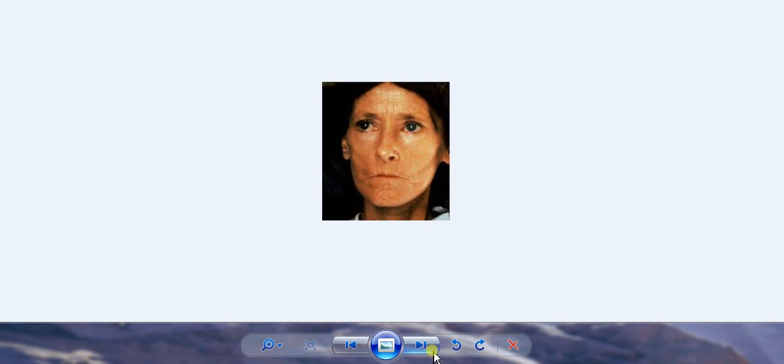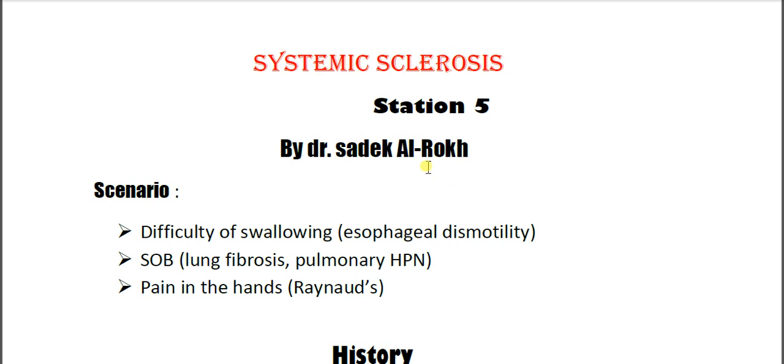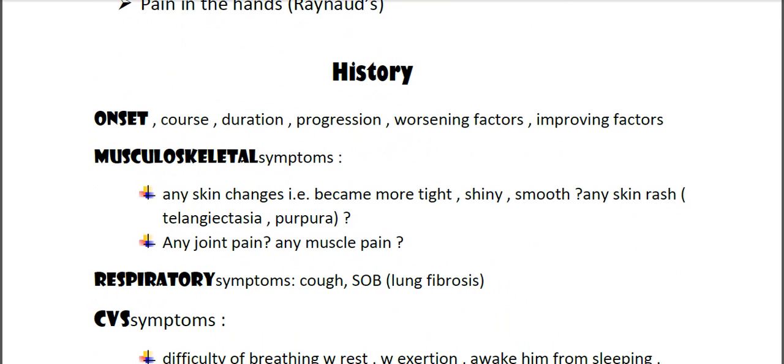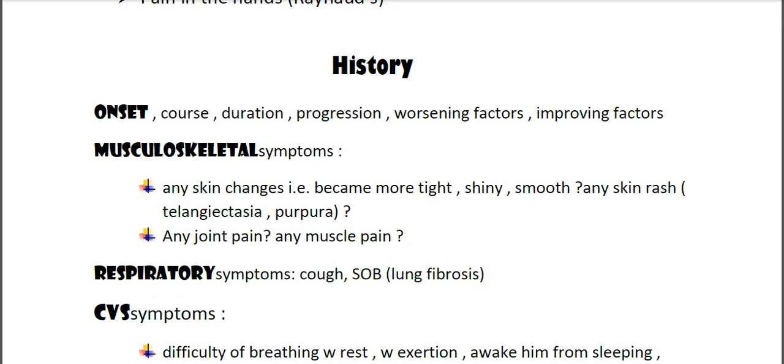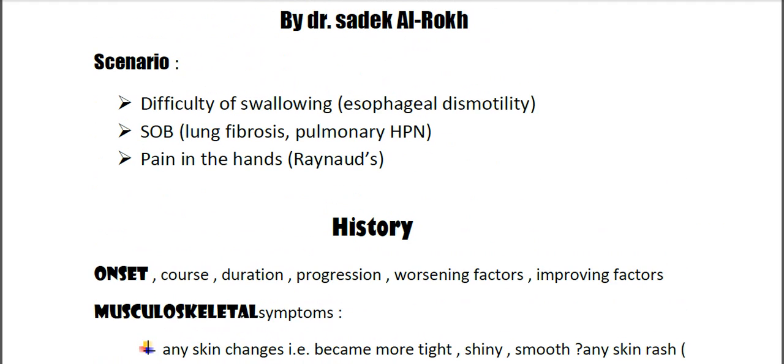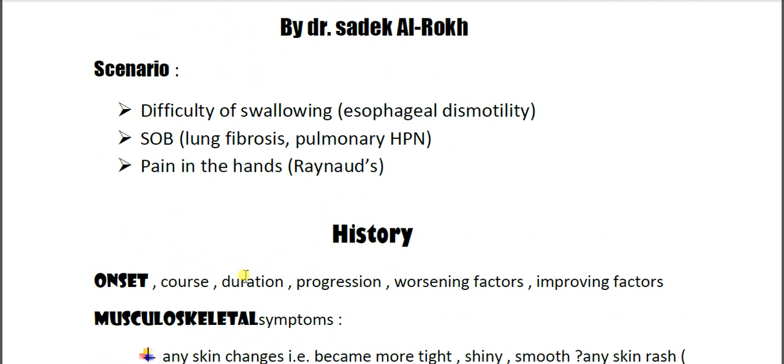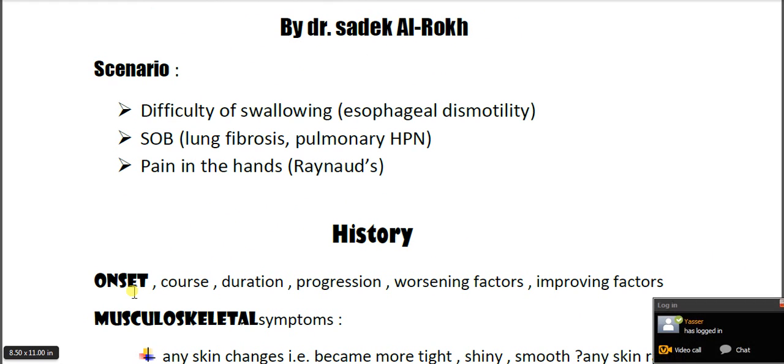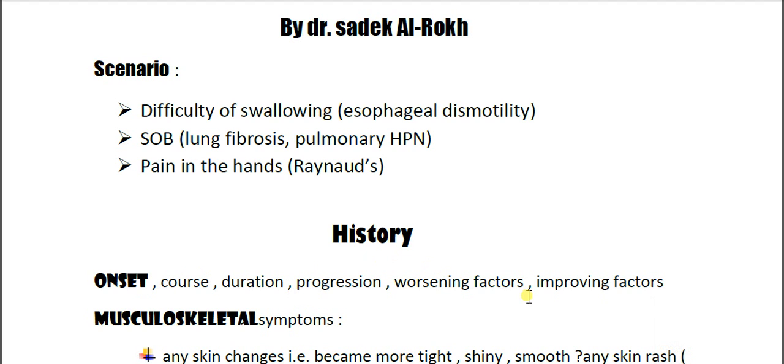So how to approach this case? Like any case in station 5: focus the history, focus the examination, and reply to the patient's concern. Whatever the complaint of the patient, we have to ask about the onset and analysis of the complaint: onset, course, duration, progression, worsening factors, improving factors.